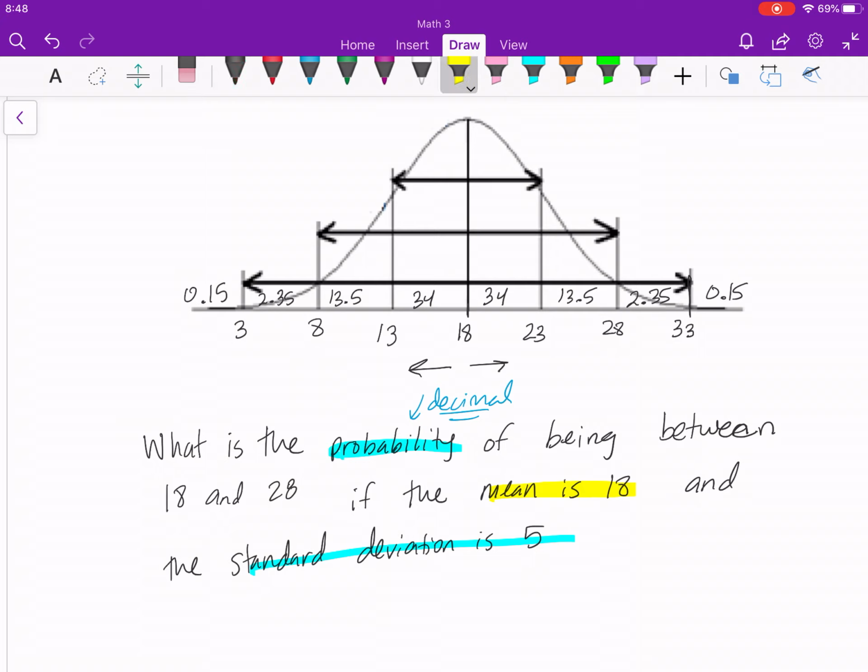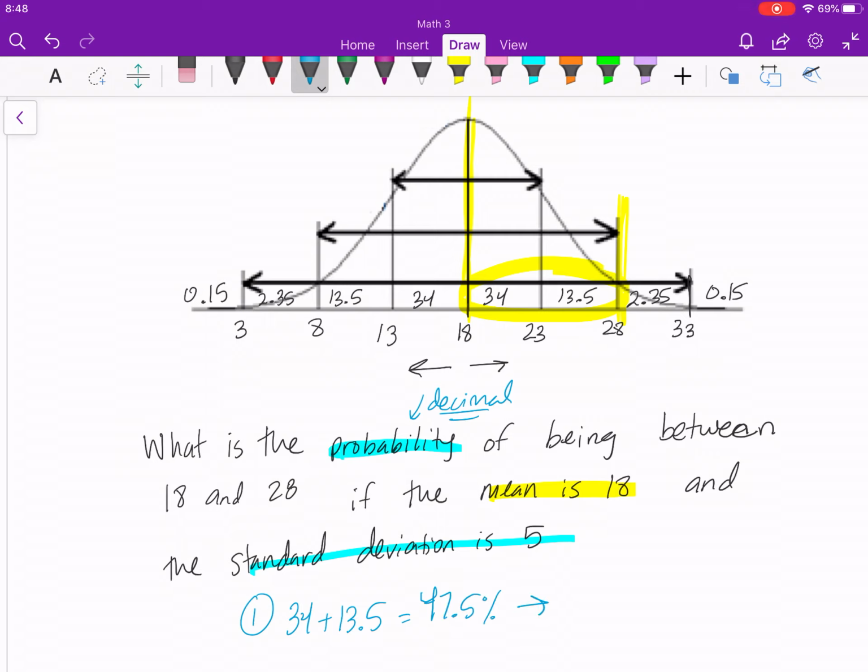Okay, this one we're going to go between 18, so 18's on this mark right here, all the way up to 28. So that's this region right here, so we're going to go ahead and add those two together. So 34 plus 13.5 is 47.5%. I think I forgot on the last one.